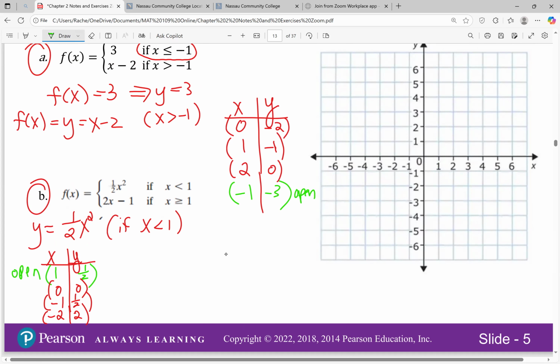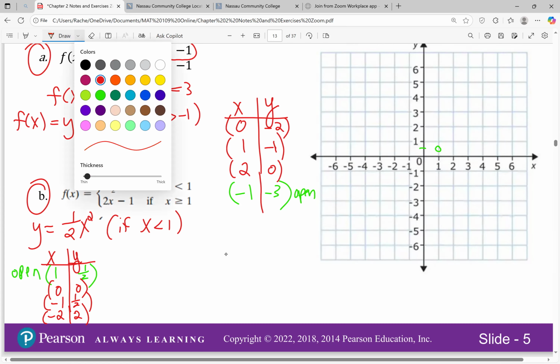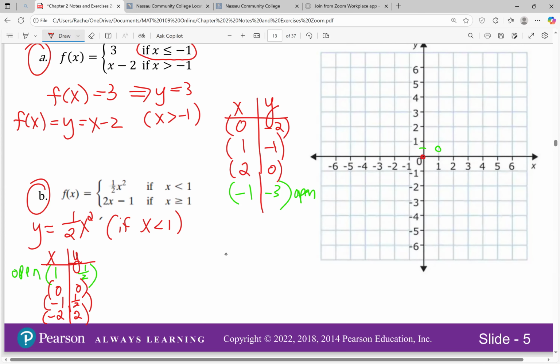So we're going over 1, and then a half is going to be halfway between 0 and 1. Then we have the point (0, 0). Then I have the point (-1, 1/2). And then I have the point (-2, 2).